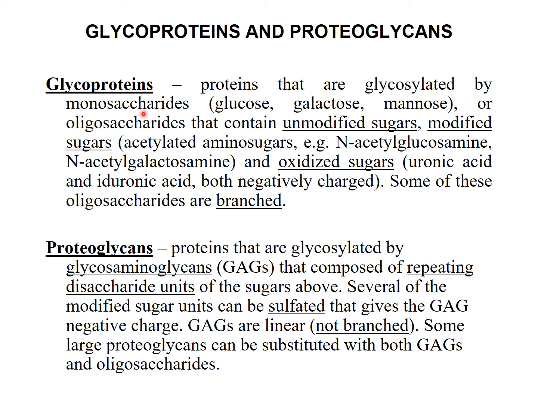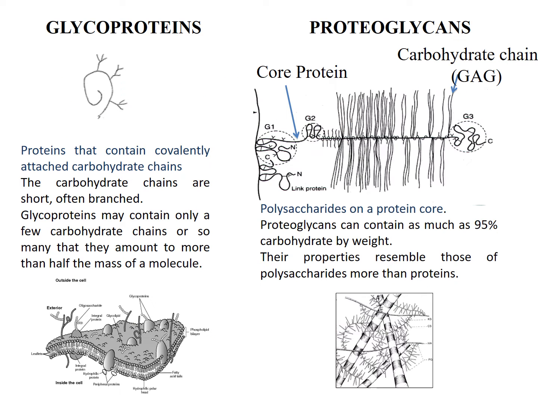Glycoproteins have monosaccharides or oligosaccharides, not really very long polysaccharides decorating the surface of the protein. It can be a simple sugar, modified sugar, or oxidized sugar like uronic acid, and they are branched. The proteoglycans are proteins modified by glycosaminoglycans, GAGs, which contain repeating disaccharide units, modification with sulfation, and they are not branched.